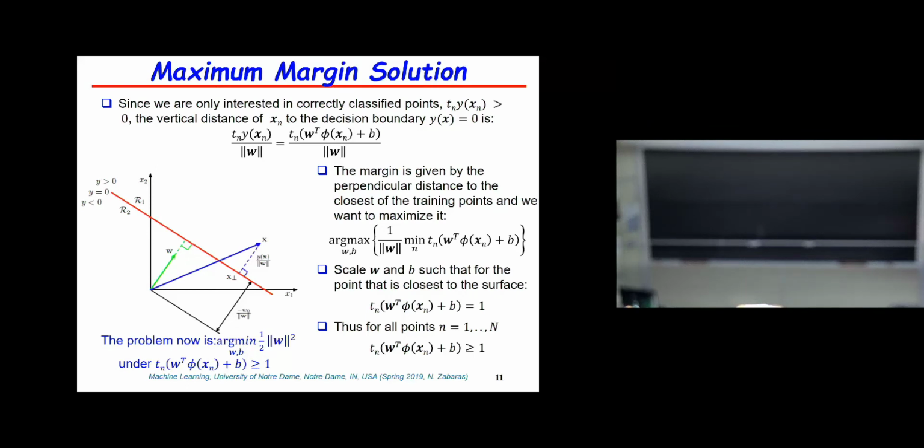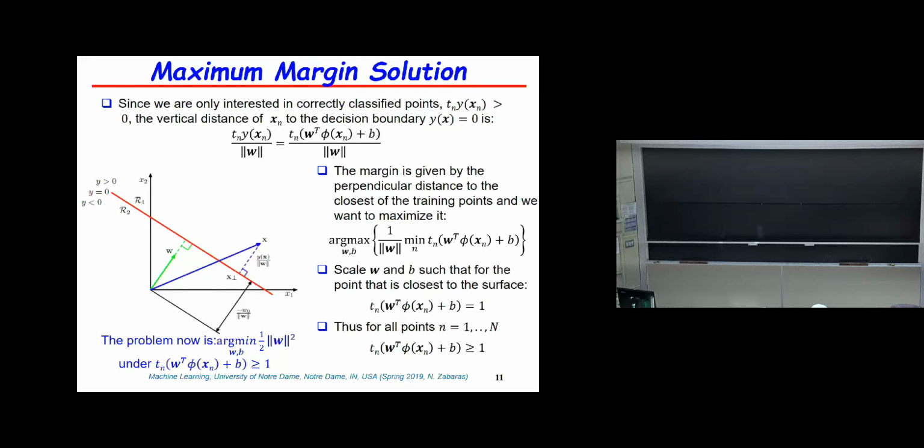I'm not going to prove it, but the proof is in an earlier lecture: the distance of any arbitrary point x from the separating hyperplane is y of x divided by the magnitude of w.